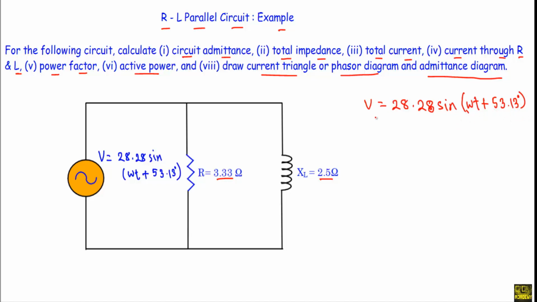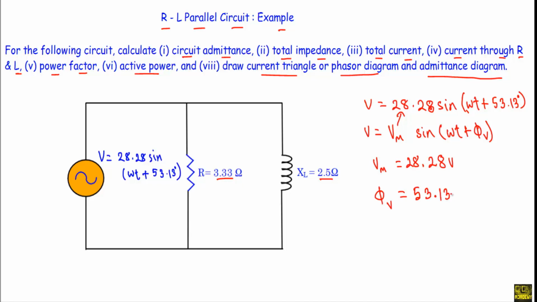If I compare this applied voltage to the standard sinusoidal voltage equation, V equal to Vm sine omega t plus initial phase of the applied voltage phi V, I will get Vm equal to 28.28 volt, and the initial phase of the applied voltage, which is phi V, will be equal to 53.13 degree.